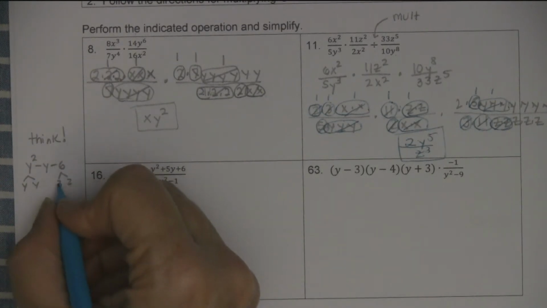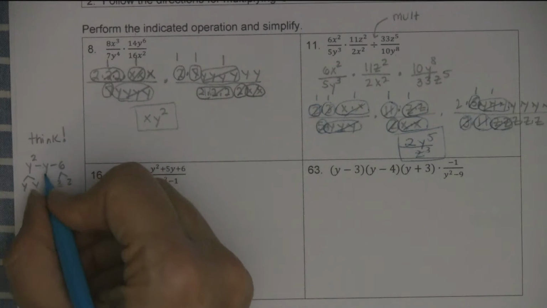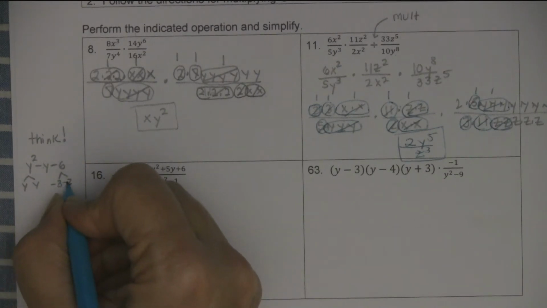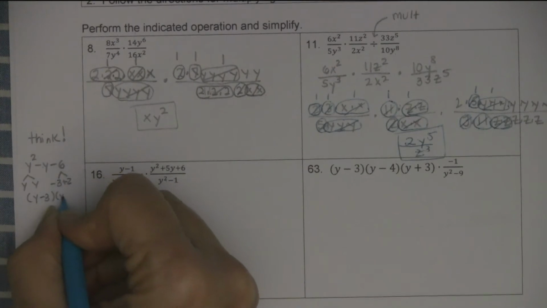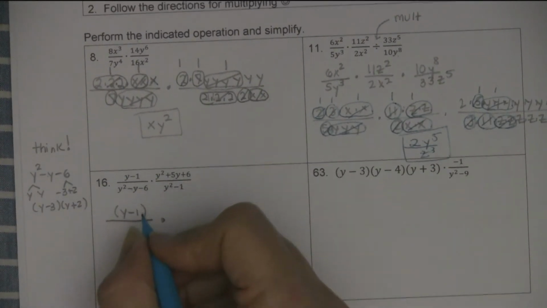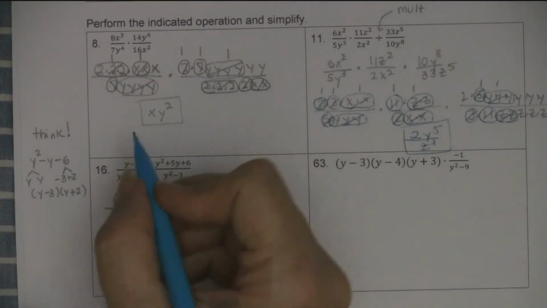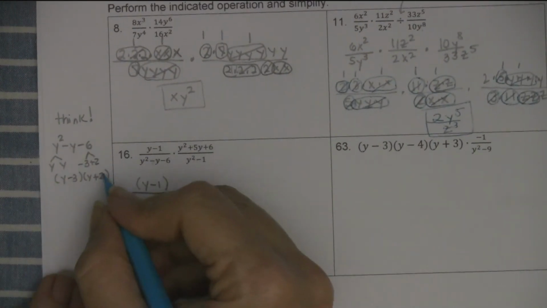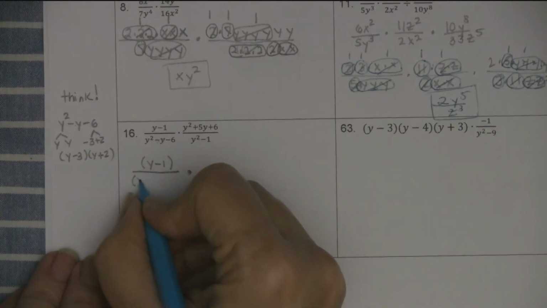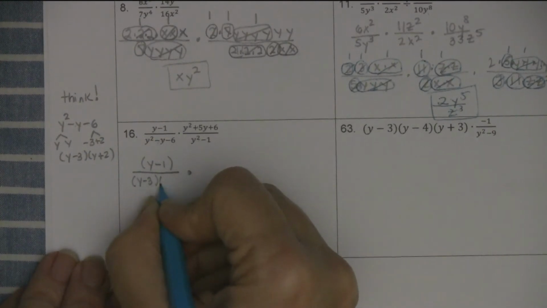And that would be good because when I subtract them, I get 1. And in fact, I want the 3 to be negative. So this would be y minus 3 times y plus 2. And I'm going to put that, this is replacing that denominator. So I'm going to put its factored form right here, y minus 3 times y plus 2.